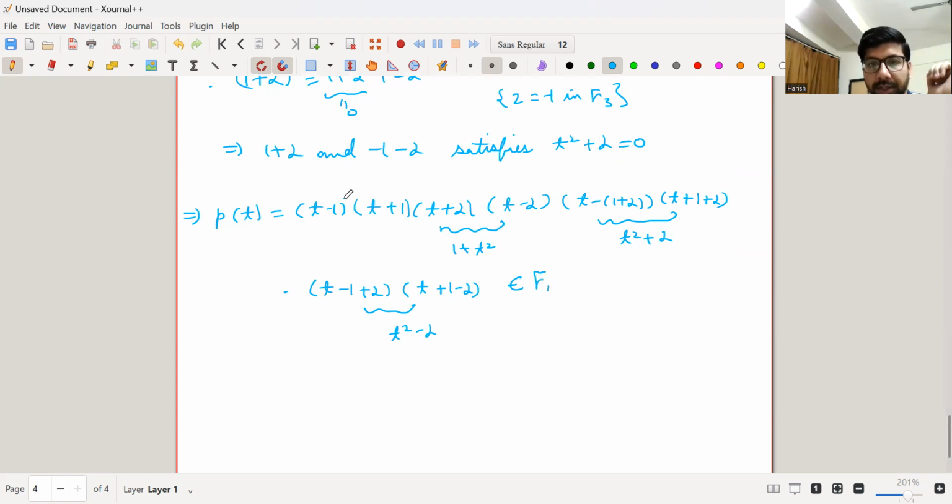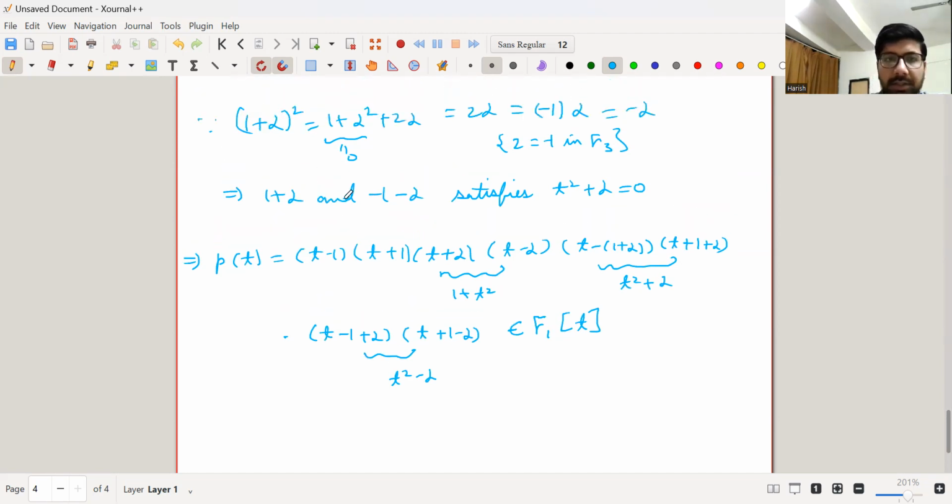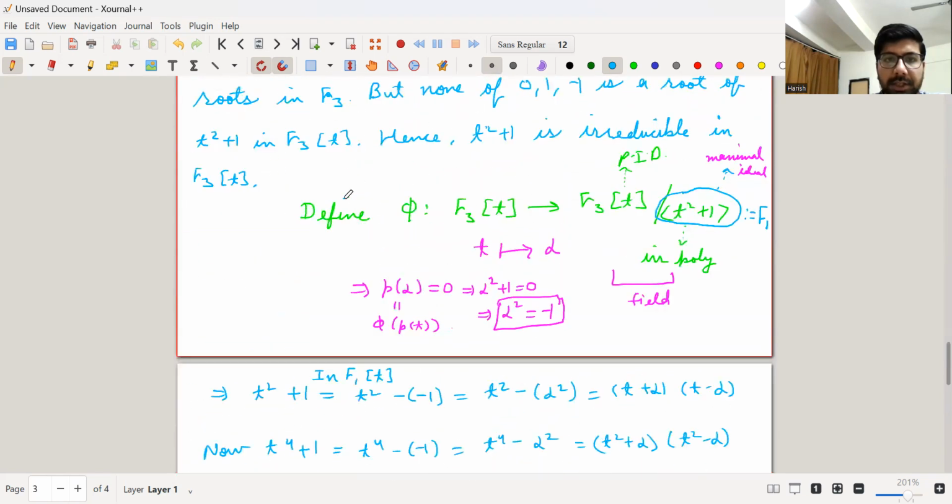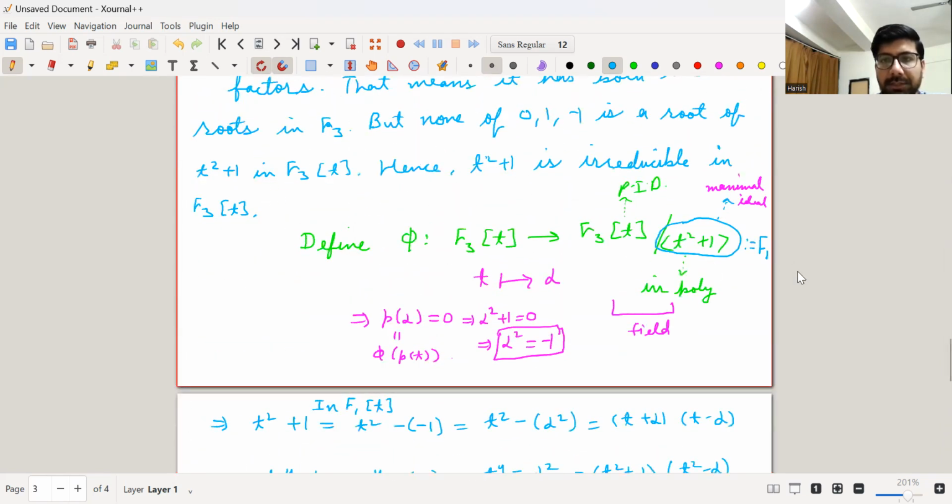we are in f1t, not in f1, not in f3. So here f1 means this extension, right? It's not just the field of one element. So maybe I should write some other notation because it's confusing. What if I write f3 dash maybe?